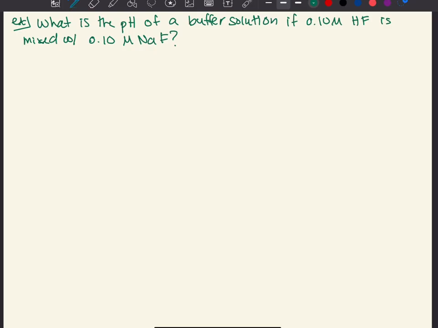Now, something you need to remember is that sodium fluoride is completely soluble in water. And this sodium ion right here is only going to be a spectator ion. It's only going to be watching the chemistry taking place. It's not going to be doing any of the chemistry. So what that means is we don't really care about it. We only care about the fluoride.